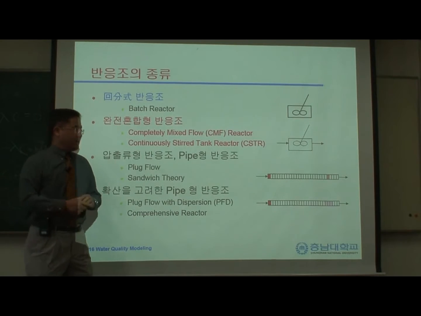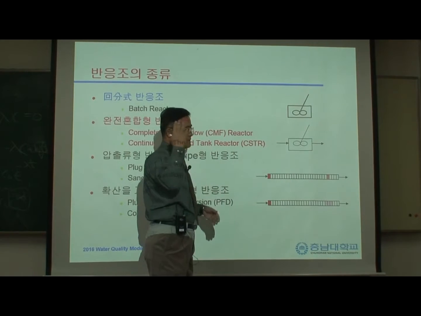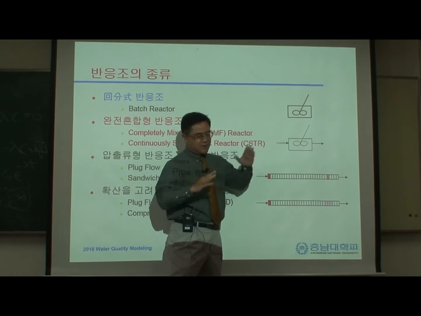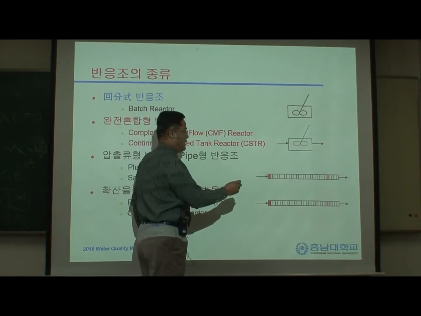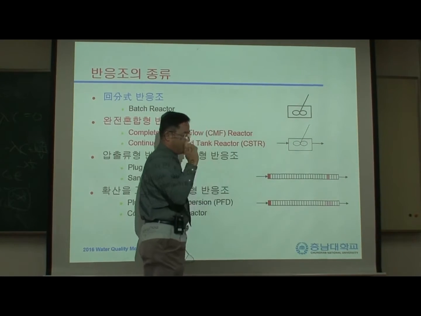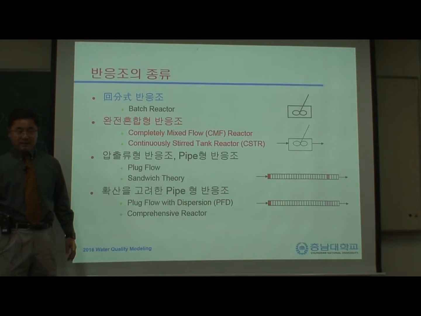That's it. And what's the difference? In here, if you remember, I said in here I don't have a concept of X, concept of a space, distance. In other words, here, here, here, everywhere I have the same concentration. Okay?